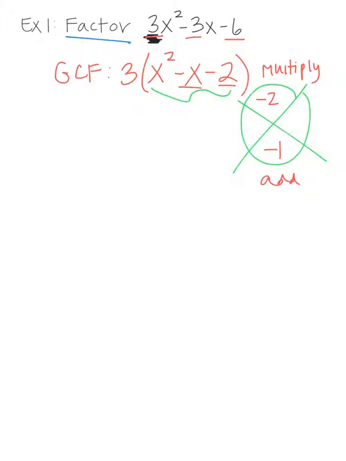Thinking about our list of all the numbers that multiply to -2, it's pretty straightforward. Well, it could be -1 and 2, as well as a +1 and a -2. We see when we add each of those two factors together, -1 and 2 add together to be a +1, and that doesn't match what we have up there.